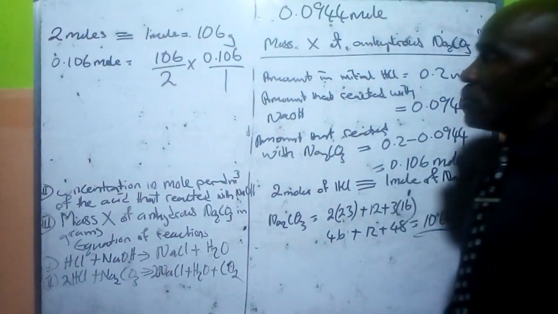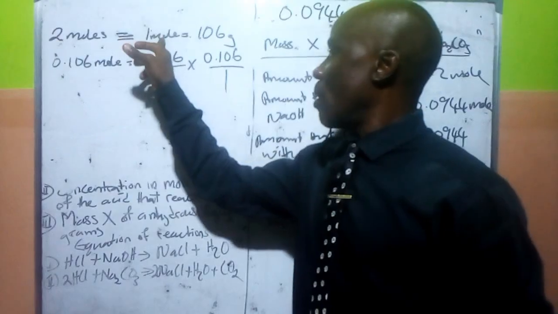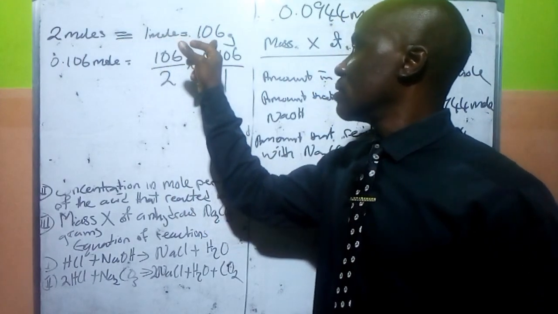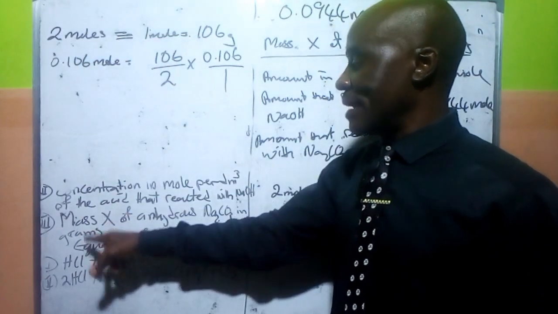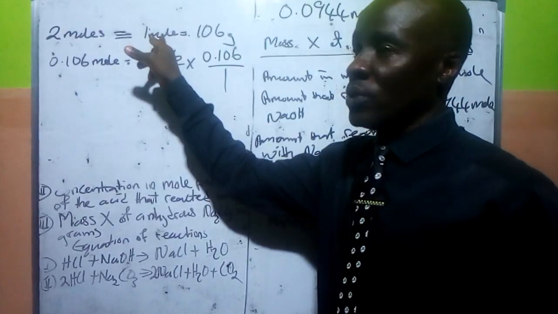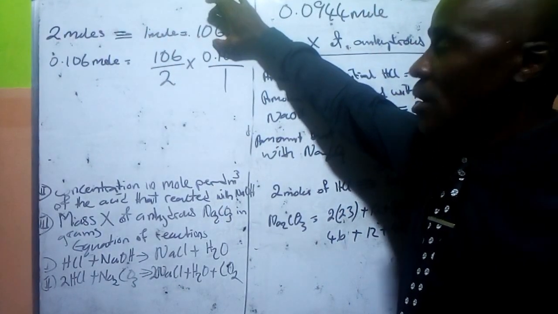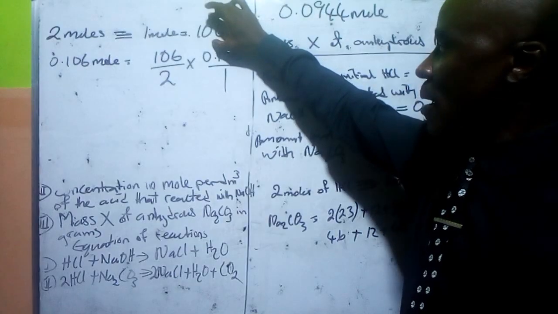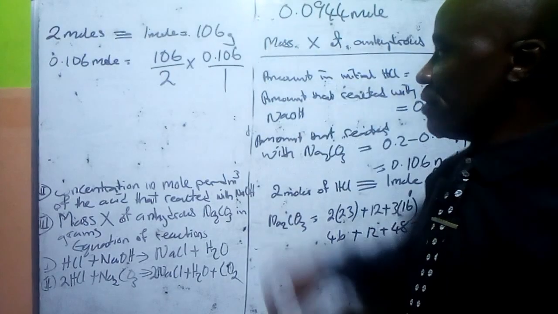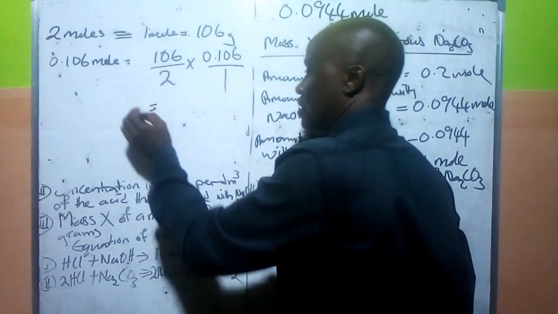Now notice what I did. Because this 1 mole is equal to this, since we are looking for the mass, there's no need working with this. We can go directly to using the relative molar mass to do the work effectively.